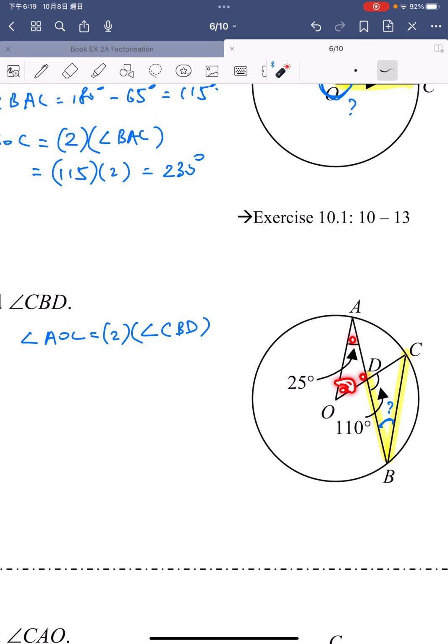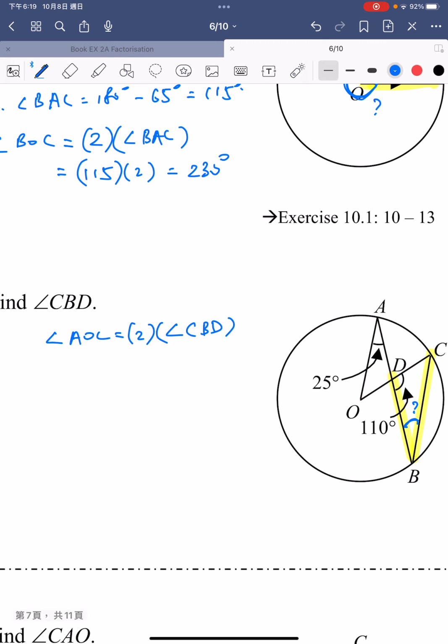The angle of ADO is actually the opposite angle of CDB. So using the opposite angle first, we can write down the angle of ADO is equal to the angle of CDB, which is equal to 110 degrees, and the reason for that is the opposite angle.